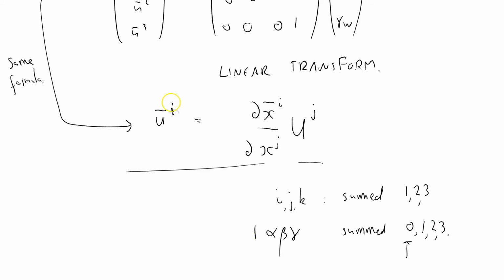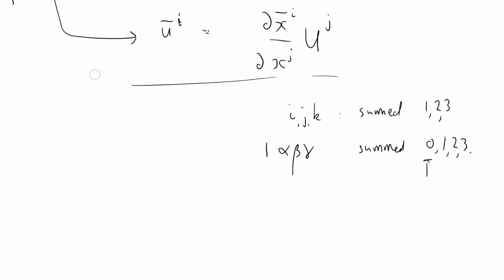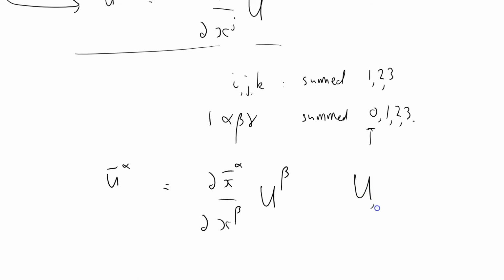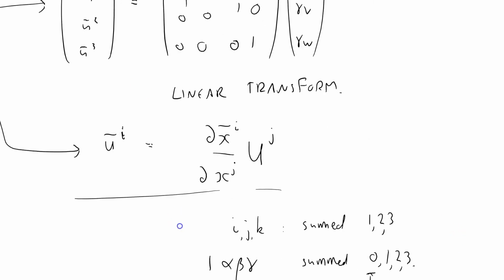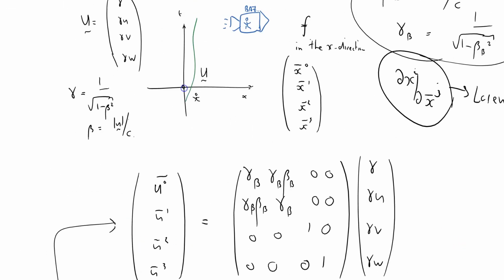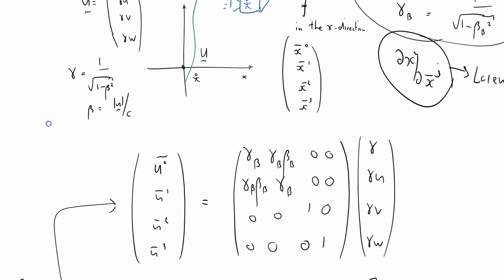And I've kind of mixed my notation here, so I'm going to rewrite that just to make that plain. u bar alpha equals partial x bar alpha by partial x beta, u beta, where u and u bar with components alpha and beta here are the 4 velocities as measured in my reference frame, which is here, and Baz, who's moving relative to me, who uses Lorentz transformations.